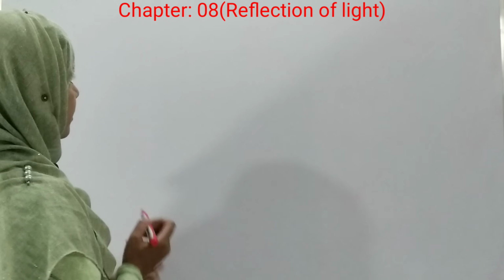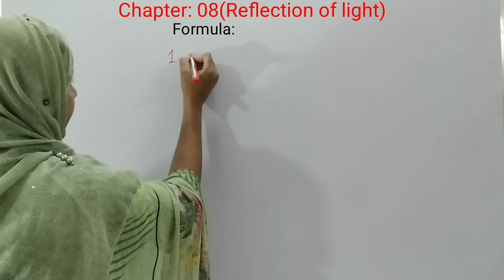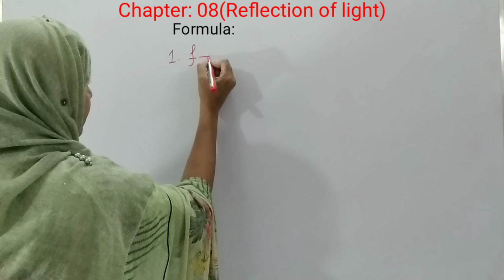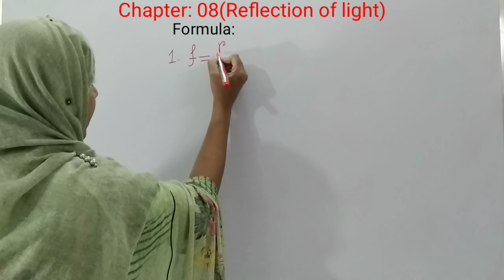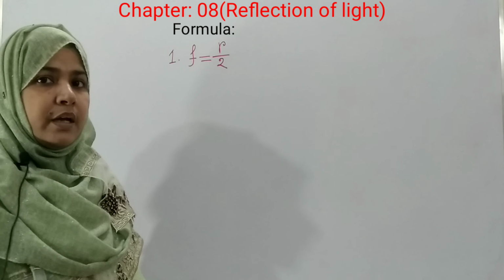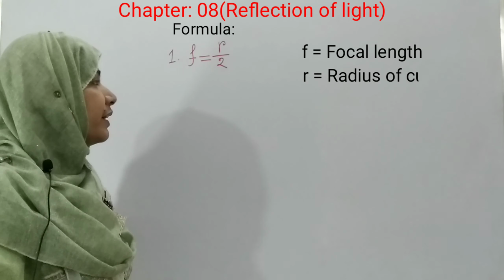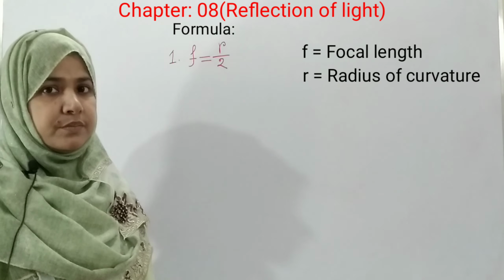of this chapter. Our first formula is F equals R divided by 2. Here F means focal length and R means radius of curvature.